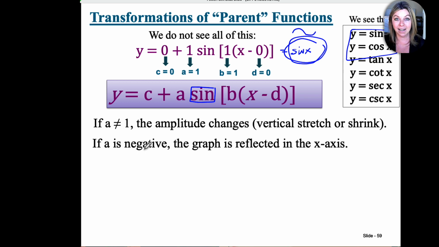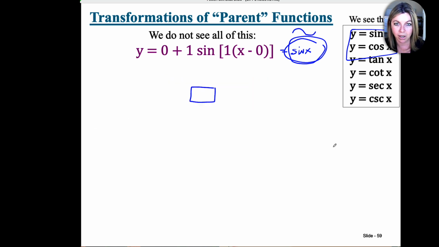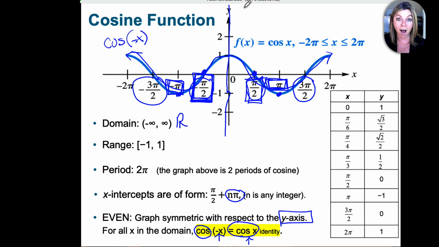If a is negative, then our graph is going to be reflected in the x-axis. You can think back to our visual here when we were talking about reflection in the y-axis. This is different. Reflection in the x-axis means take this graph, if you had it in your hands, and fold it along the x-axis. This is like the mirror. So if a is negative, this graph will be reflected in the x-axis.